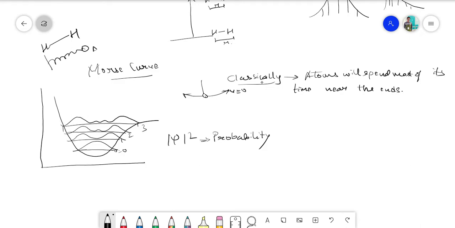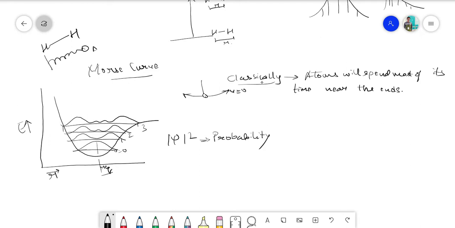But for the lower vibrational energy levels, they are going to spend more time closer to the center. Okay. Now this is energy, this is nuclear separation, and this particular position is known as the equilibrium internuclear distance.